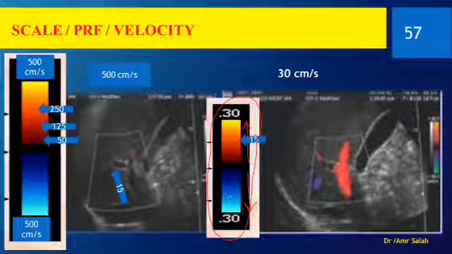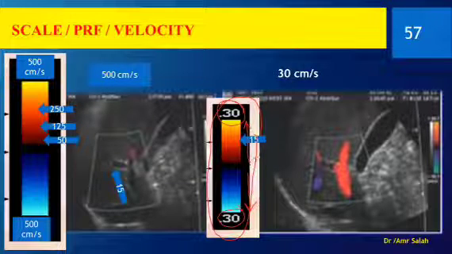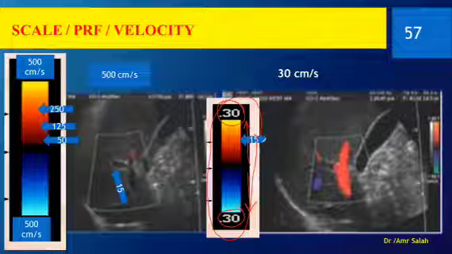What is this number? This is the maximum velocity, or this is the scale that we're going to set according, of course, to each vessel.